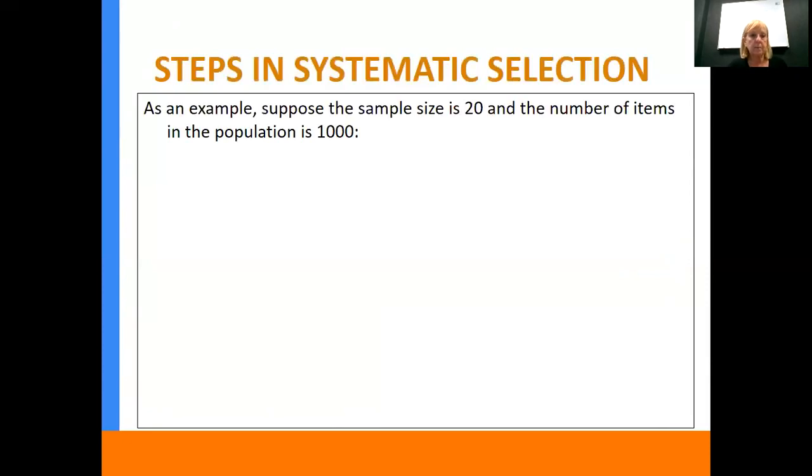Now, systematic sampling. This is used quite commonly, and it's a very efficient way where things are filed in a particular order. So let's look at an example of this. Suppose that my sample size is 20 items and I've got 1,000 items in my population.